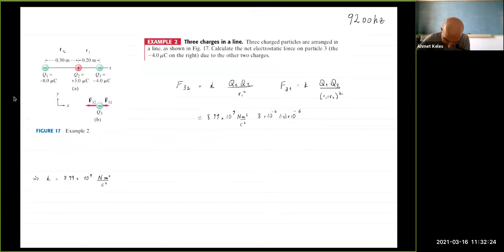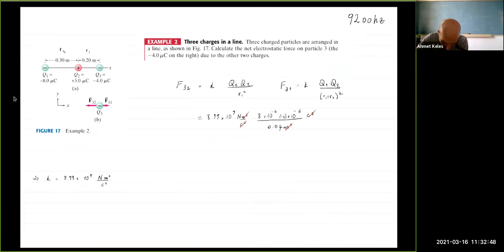And the distance is 0.04 meters. Right? This is Coulomb squared. So let's check the units. Coulomb squared, this is meters squared, and the result is Newton, as we expect.